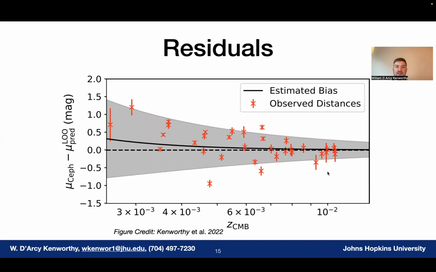So again, this is showing our residuals. We take the observed distances in red, which have the redshift subtracted out of them. In gray, I've shown the scale of expected uncertainty from lambda CDM. We correct these distances with our model.